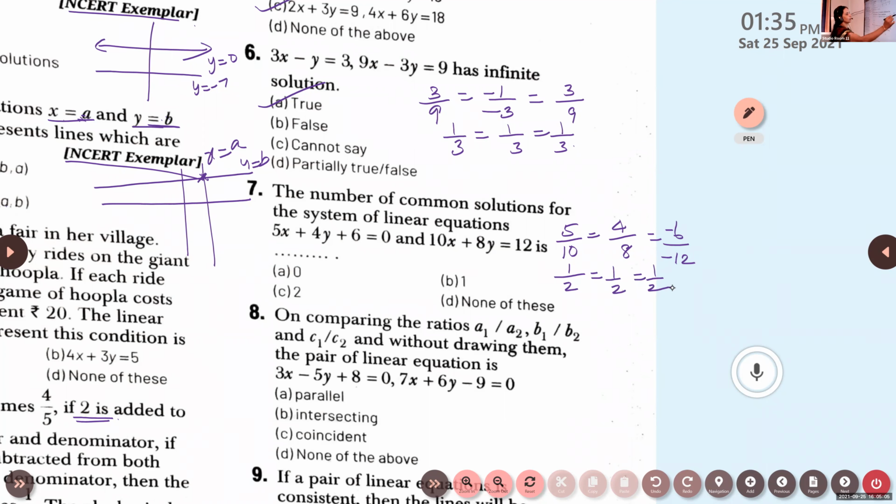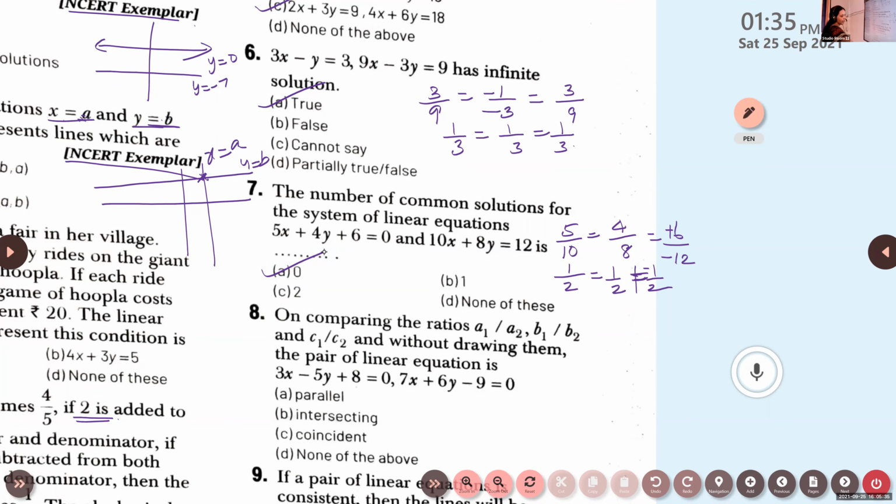Okay, I thought it is minus 6. So A1 by A2 is equal to B1 by B2, not equal to C1 by C2. Therefore, what is the condition? It is for no solution. So the answer is 0, isn't it? No solution means it is 0. It is parallel. Therefore, there is no solution.